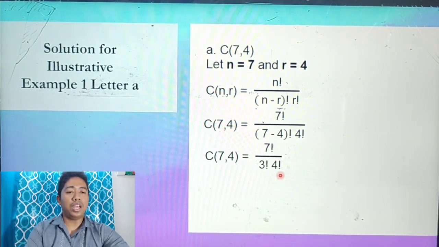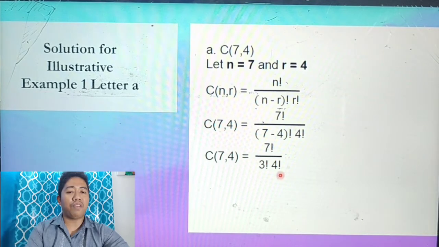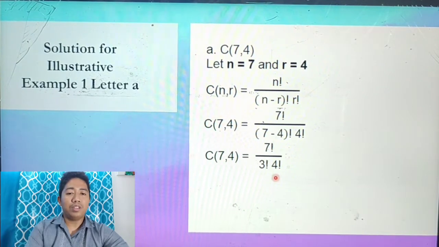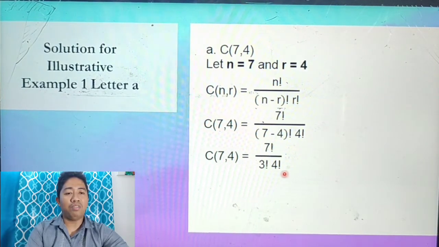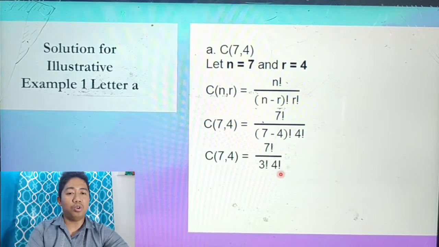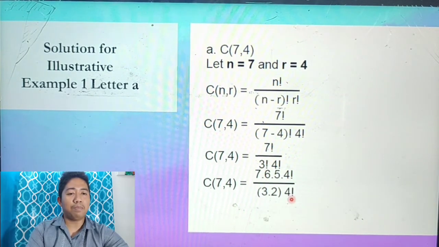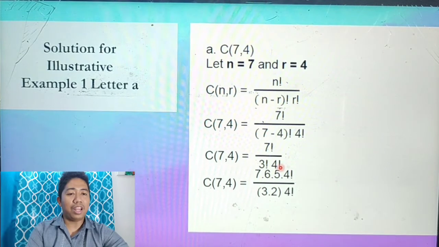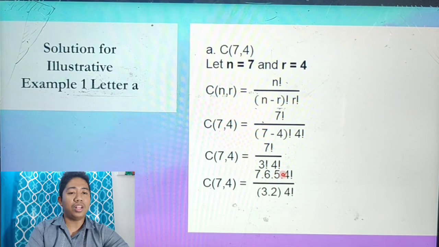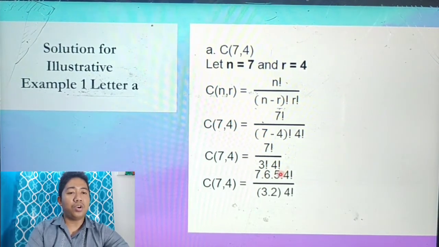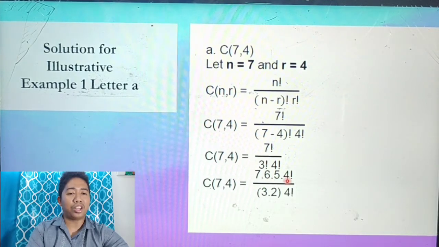The next step is to expand each of the factorials. The tip in order to simplify this expression is, from the larger value, to extend down to the greatest factorial on the denominator, which is 4 factorial. So 7 factorial becomes 7 times 6 times 5 times 4 factorial.